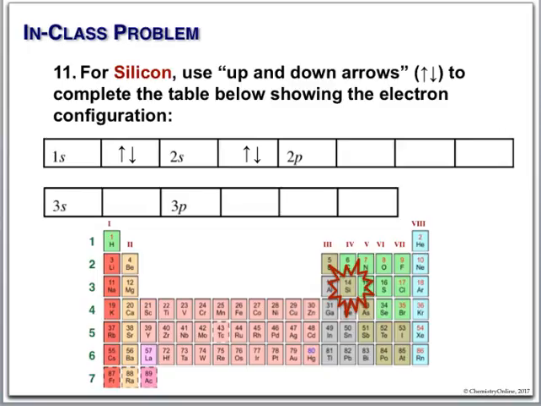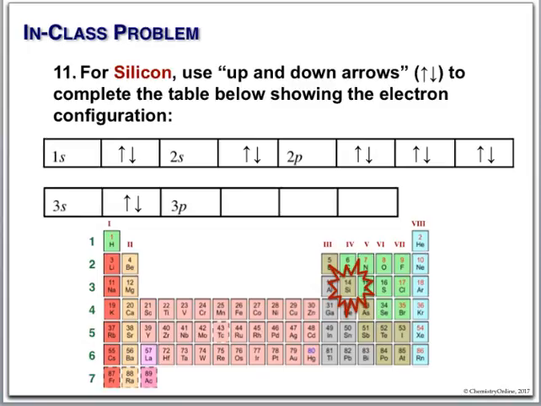They all show up as pairs. Our 3s, these guys are full too, aren't they? And now, our p's. We have 1, 2 electrons in our p orbitals.